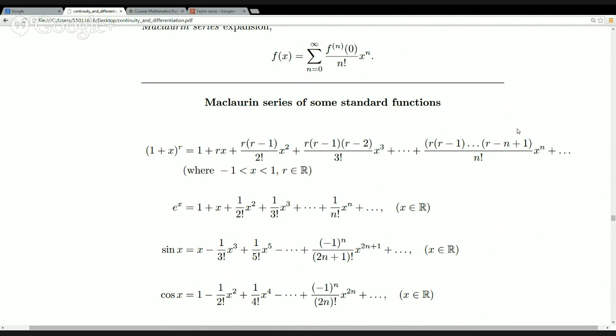Now, the series for e to the x begins 1 plus x plus x squared over 2 plus x cubed over 6, etc. And this is multiplied by the series for sine of x, which is x minus 1/6 x cubed plus 1 over 5 factorial, 120 or something, x to the power 5, and so on.